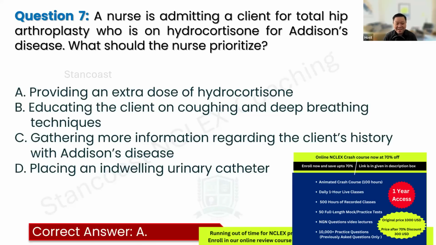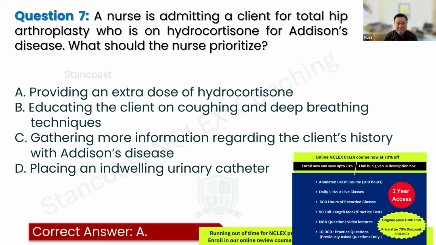Preventing acute adrenal insufficiency or adrenal crisis is the top priority for a client with Addison's disease undergoing a surgical procedure. And so they need extra or supplemental doses of hydrocortisone during periods of increased stress. Now, if you're the nurse assigned to this patient, how are you going to implement this?